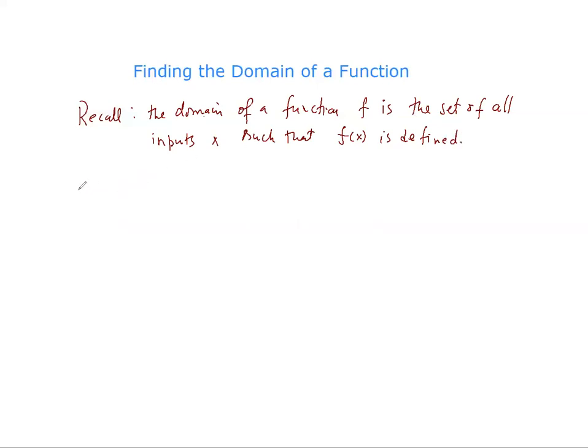Some helping tips. Number 1, the denominator is not equal to 0 for a rational function.